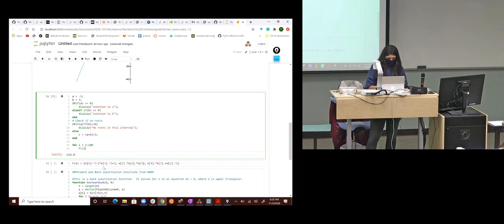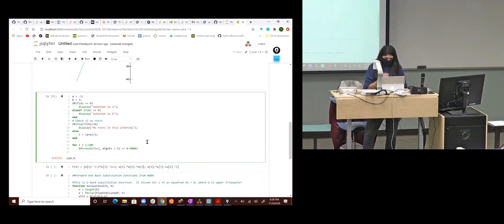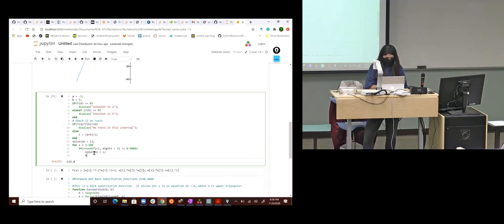First thing to do, I check f of C. If the rounded f of C, with digits equal to 4, equals 0.0000, then let's take a variable solution equal to nothing for now, and you say that solution equals C. Then you say break.